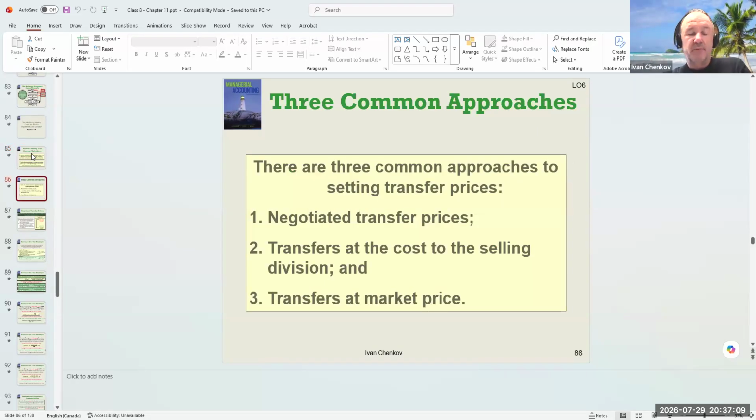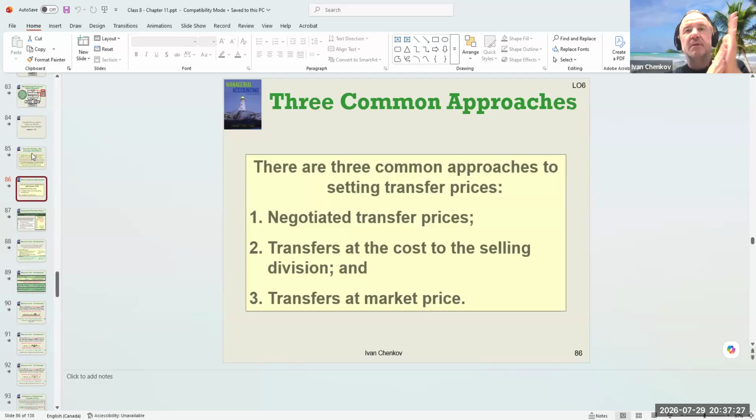There are three common approaches for setting up the transfer price. One is negotiated transfer pricing. In order to establish the negotiation, we have to have room for negotiation. That means we have to have a minimum price and a maximum price.